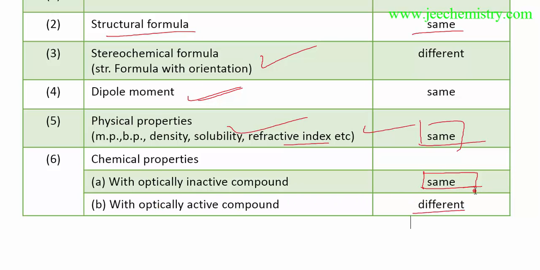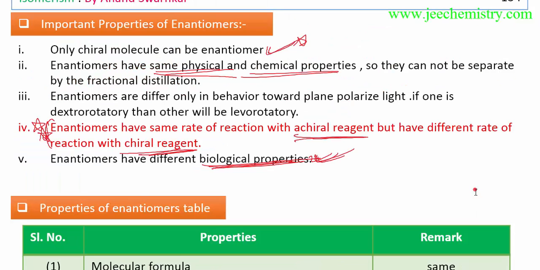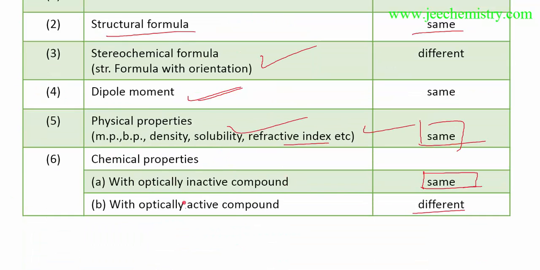Physical and chemical properties will be different with optically active compounds. I already mentioned that enantiomers have the same rate of reaction with an achiral reagent, but a different rate of reaction with a chiral reagent. That's why with optically active compounds the chemical properties will be different, and with optically inactive compounds the chemical properties will be the same.